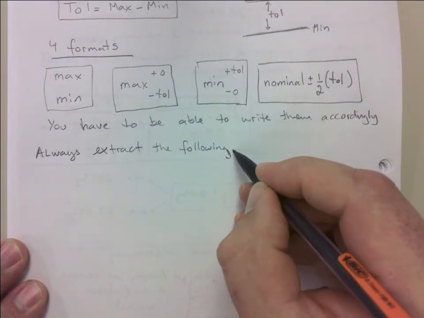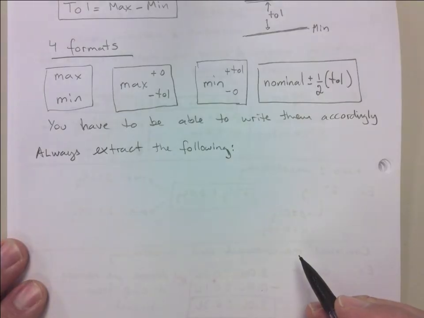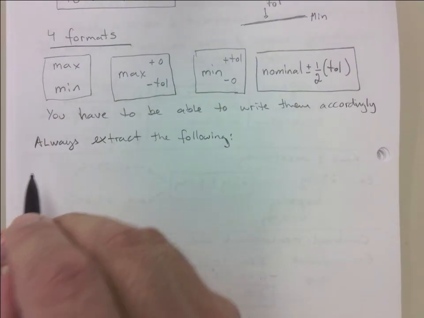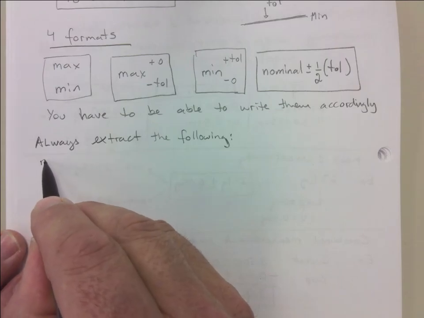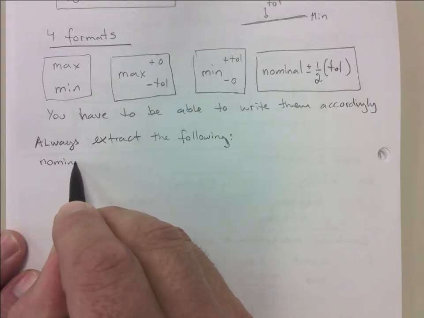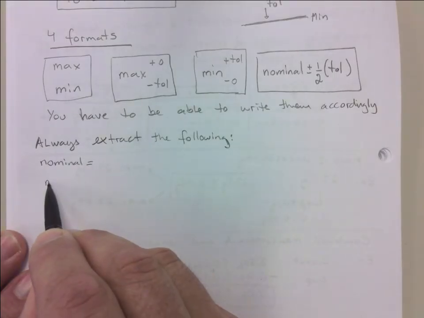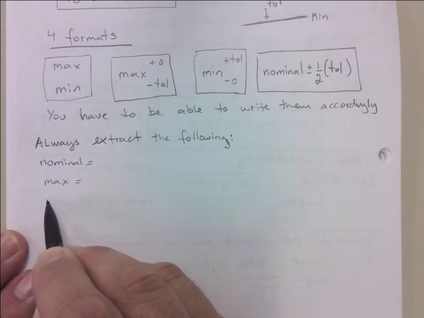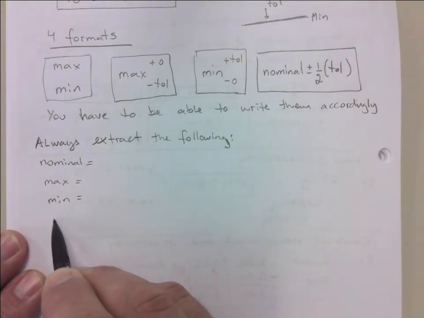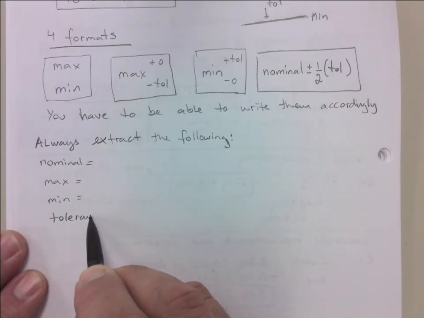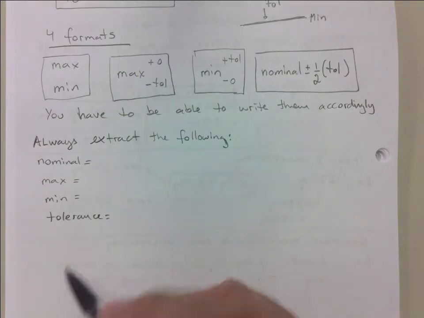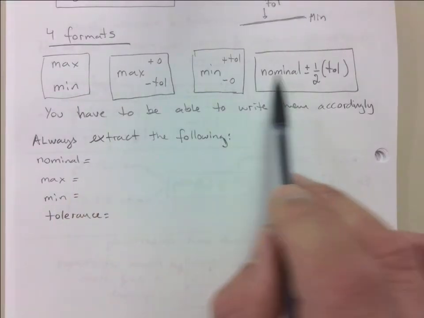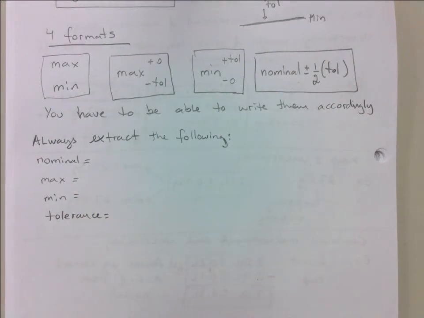We're almost done. Always extract the following. I'm going to do it in this order in particular. I would say figure out the nominal, figure out the max, figure out the min, then figure out the tolerance. Okay. If you can do that, then rewriting it in these formats that I've mentioned above is a piece of cake.